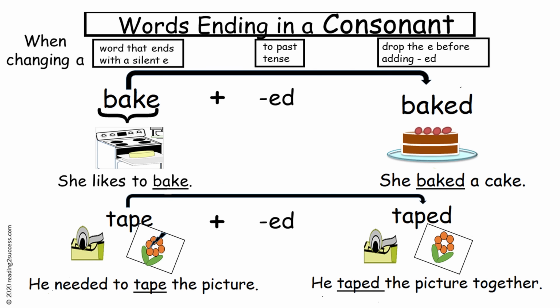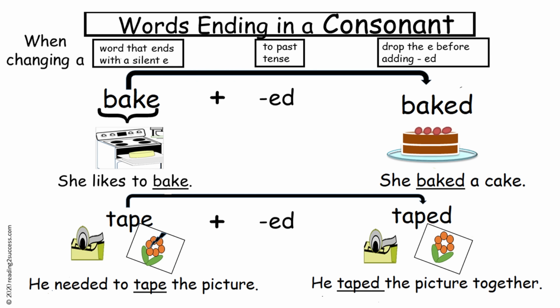Discuss two more examples with kids, reviewing the second spelling rule, words ending in silent E. When changing a word that ends with a silent E, as in bake, to past tense, adding the ed, drop the E that was in bake before adding ed.